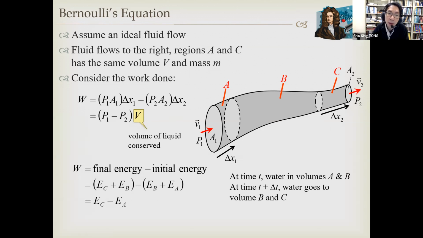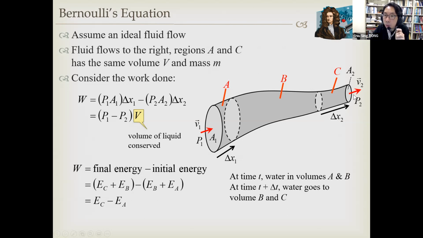Now we can easily see that because the total volume of liquid is conserved, the amount of liquid flowing into region A, which is A1 delta x1, where A1 is the area and delta x1 is the height, gives you the volume V. So this volume V is the volume of liquid flowing into the pipe in a time delta t.